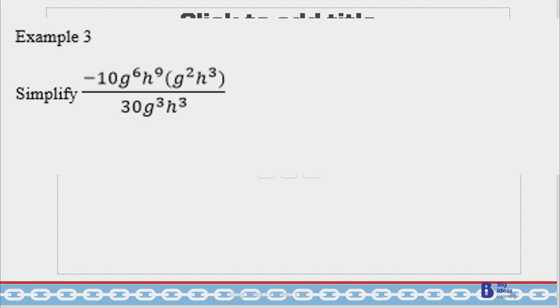For example 3, I would simplify the numerator first. So I'm going to say the negative 10, and then g to the 6th times g squared is g to the 8.